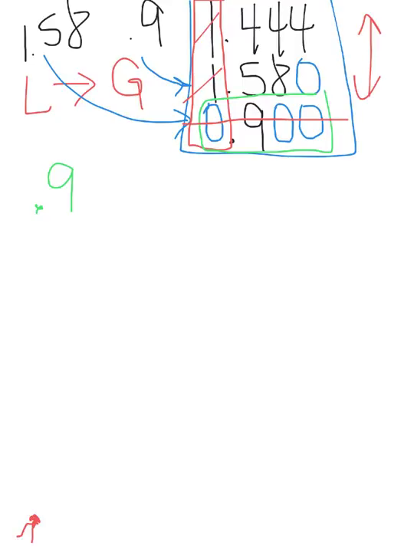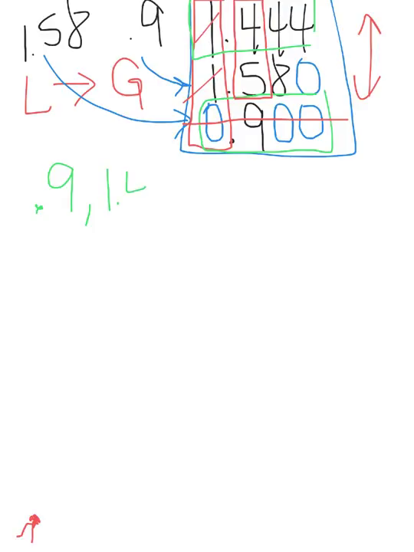So I'm looking at this 4 and this 5. Again, we know that a 4 is smaller than a 5. So I know that my next smallest after 0.9 has to be my 1.444 because my 4 is smaller than my 5.